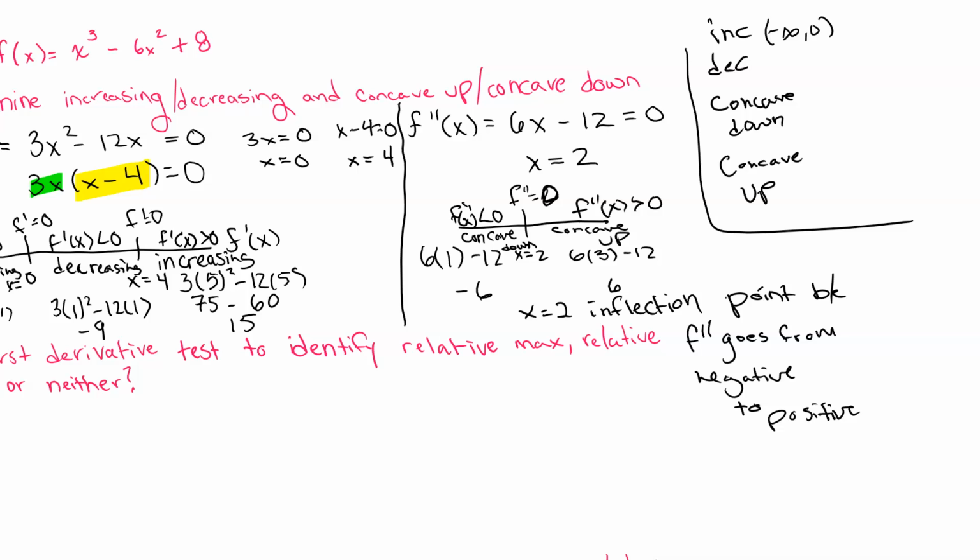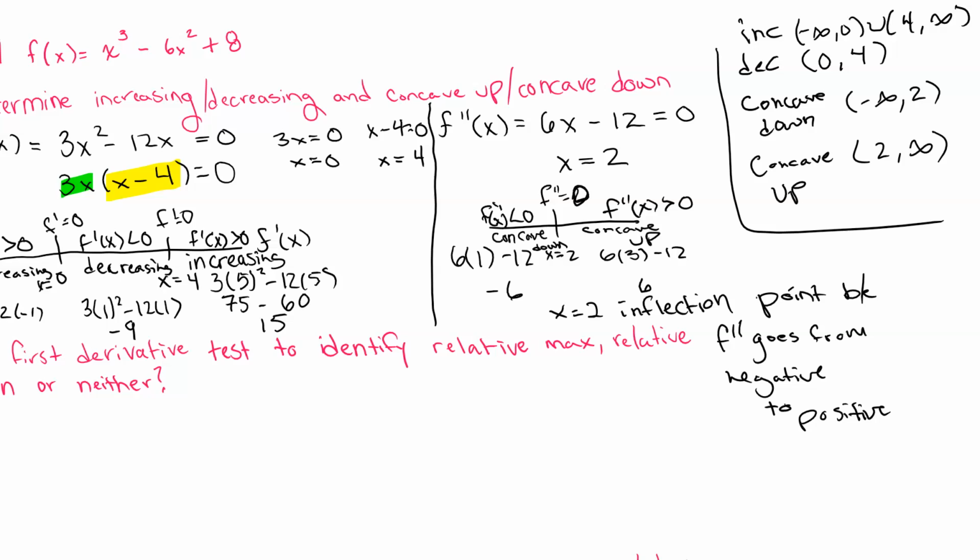And then we've got everything to the right of 4. And between 0 and 4, we've got decreasing, because our first derivative is negative. Concave down, we've got everything to the left of 2, so negative infinity to 2. Concave up, we've got 2 to the right, so 2 to infinity.